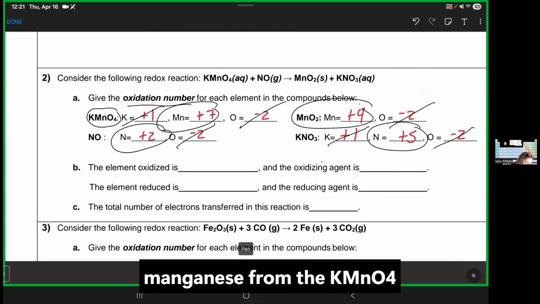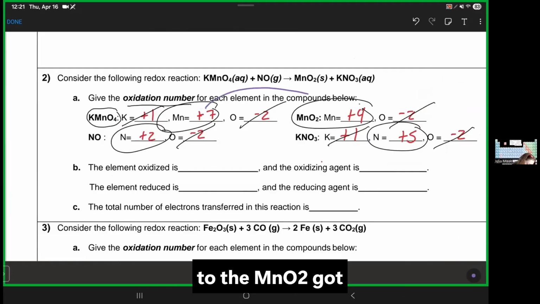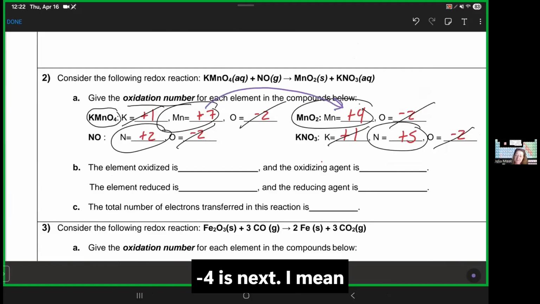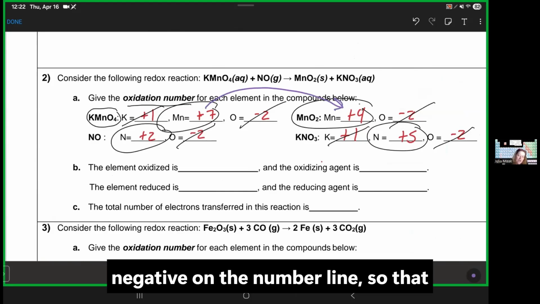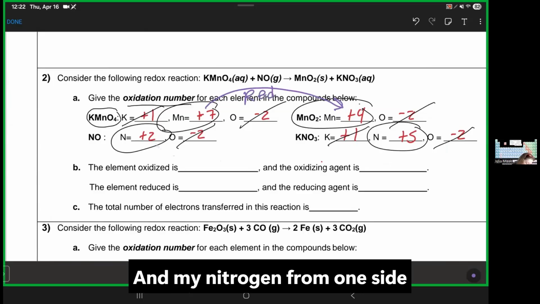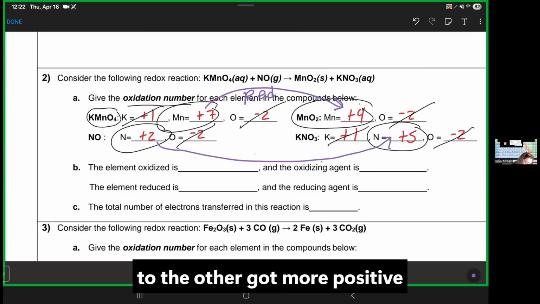My manganese from the KMnO4 to the MnO2 got more negative, right? +7 to +4 is going negative on the number line. So that was reduced. And my nitrogen from one side to the other got more positive.